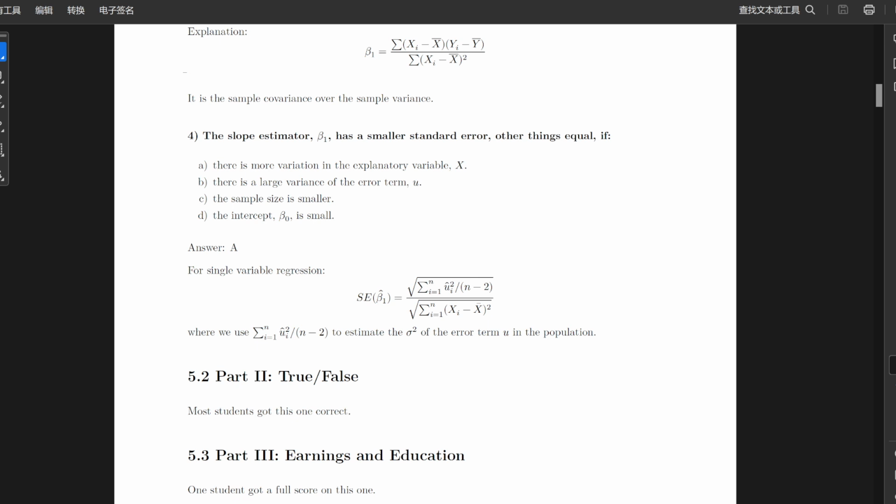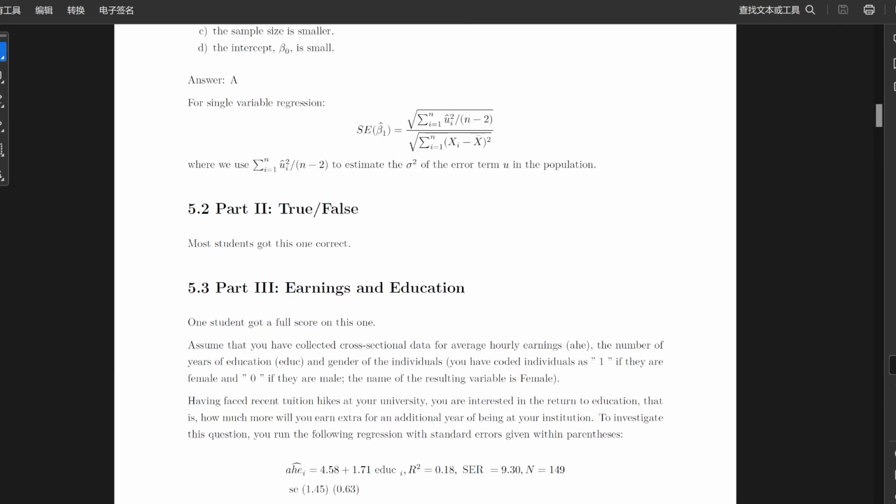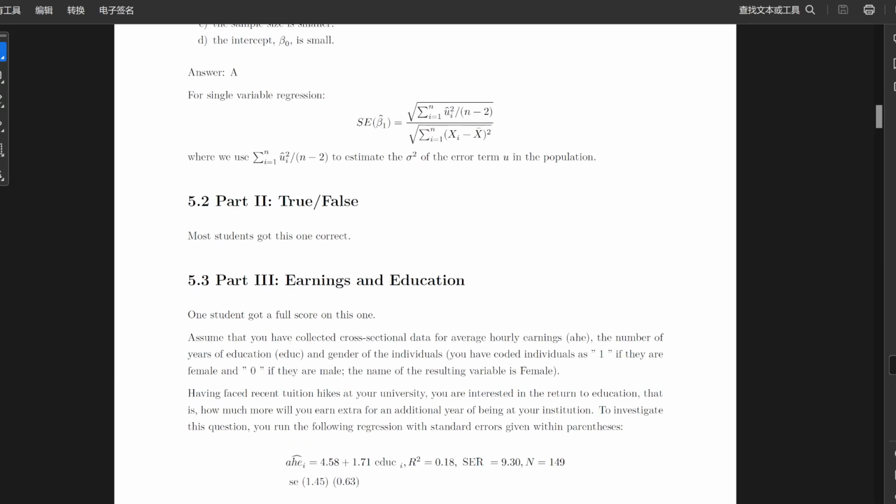And we use the top part, the square root of your squared residuals over n minus 2, to estimate the variance of your error term in the population. So n minus 2 means you have degrees of freedom of n minus 2. Most students got part 2 right, so we'll skip part 2.